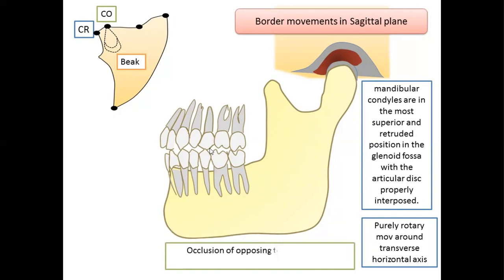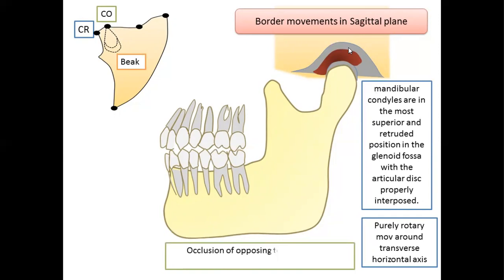That is, if you try to bite and the mandible moves very much back, it is called functional retrusion. And if the functional retrusion is more than 2 to 3 millimeters, then there is a definite problem. In that case, you have to relieve the occlusion and program the condyle.